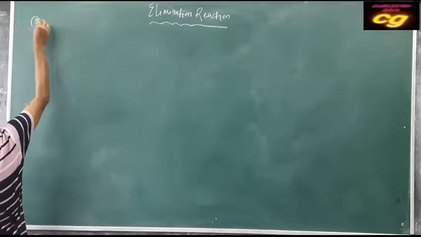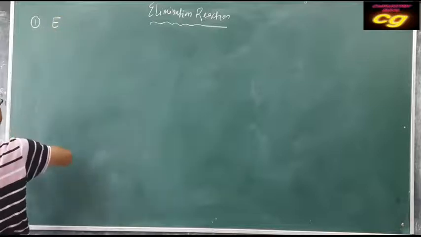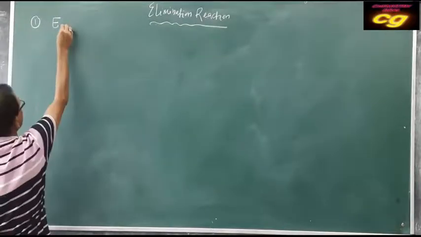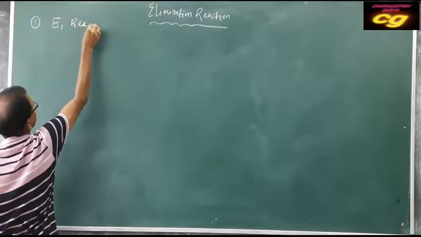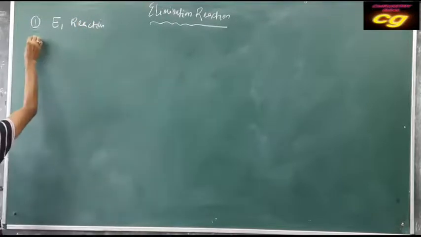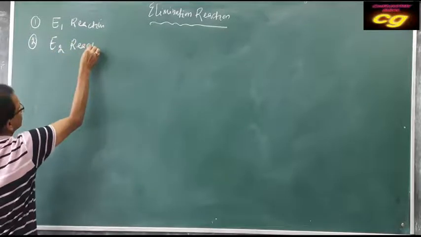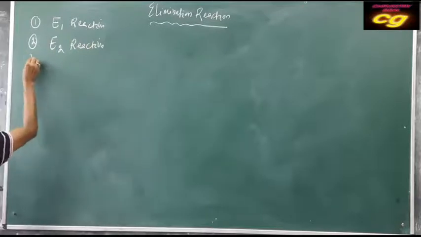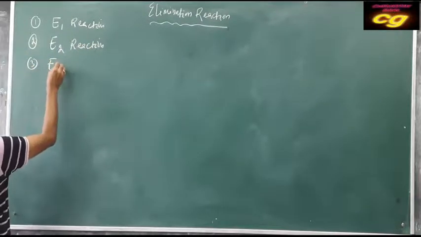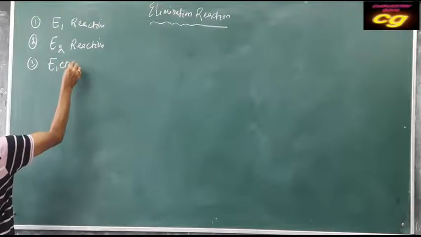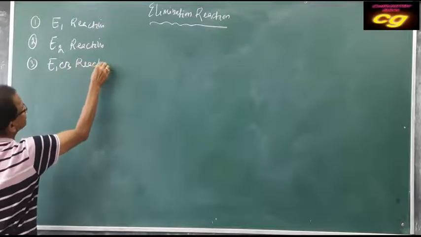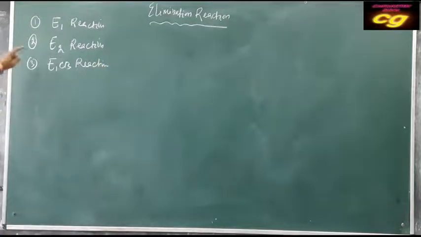One is the E1 reaction, the second is the E2 reaction, and the third is the E1CB reaction. But the first and second are very important. Let us discuss all three: the E1 reaction, the E2 reaction and the E1CB reaction.